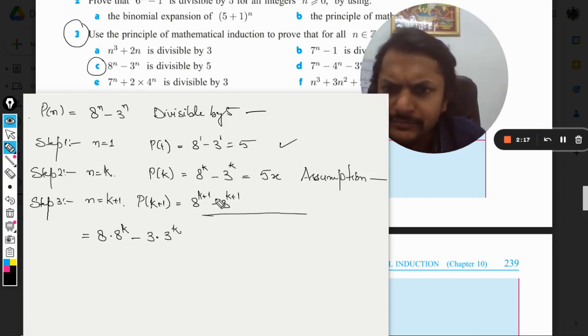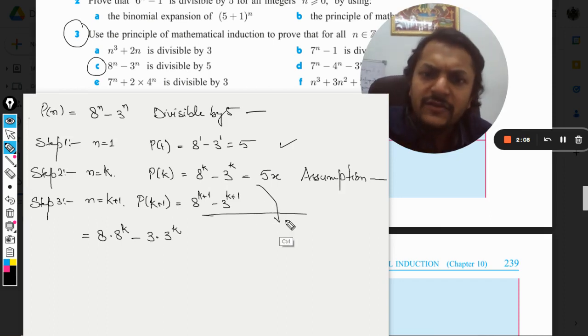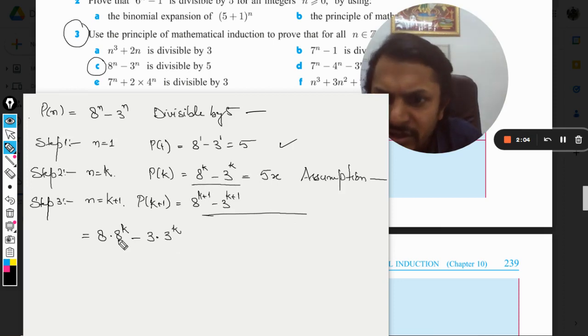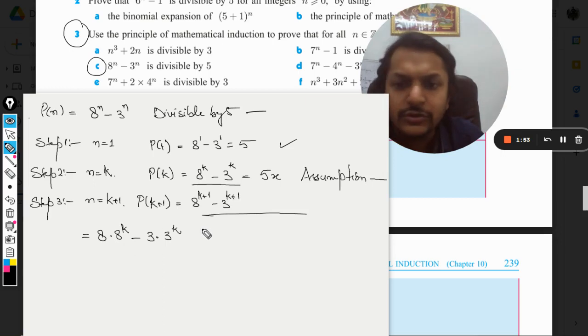And now I use this assumption and substitute the values, or we can say that we want to create this value here. So how can this value be created? I have to take 8 common here. I have to separate this 8 out of this place. So we add and subtract.